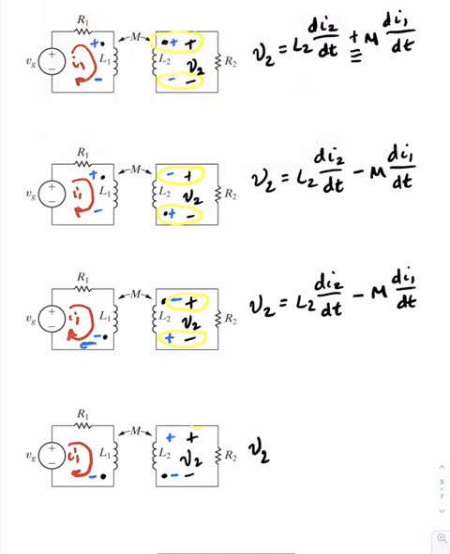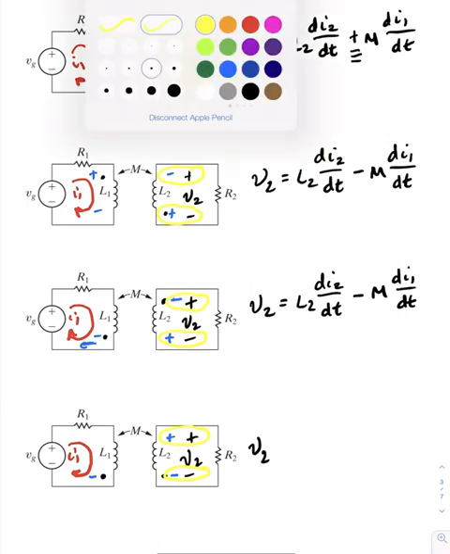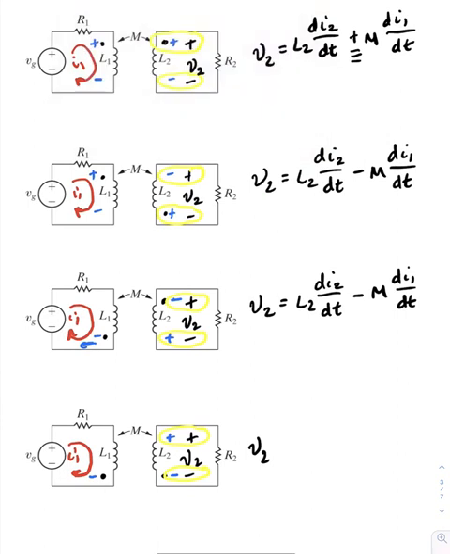Our polarities align. So voltage 2 will be the self-induced voltage plus the mutually induced voltage by I1.